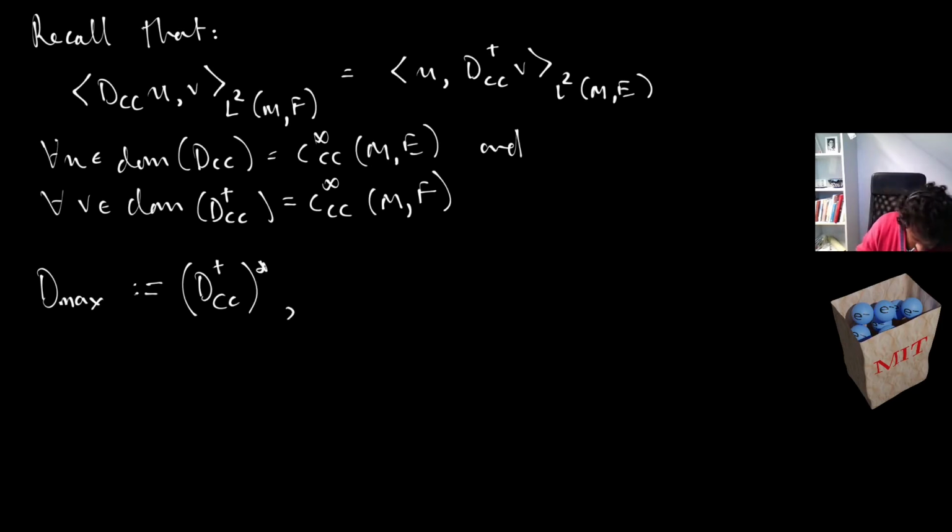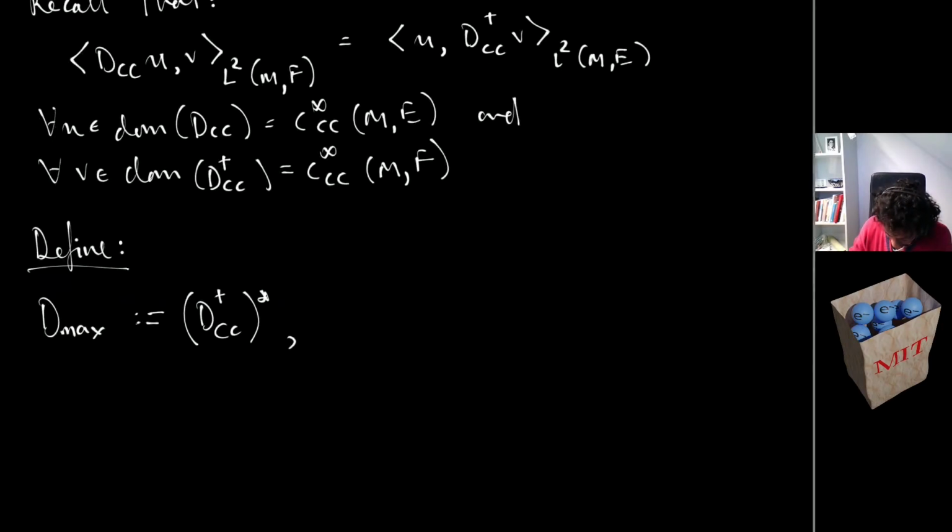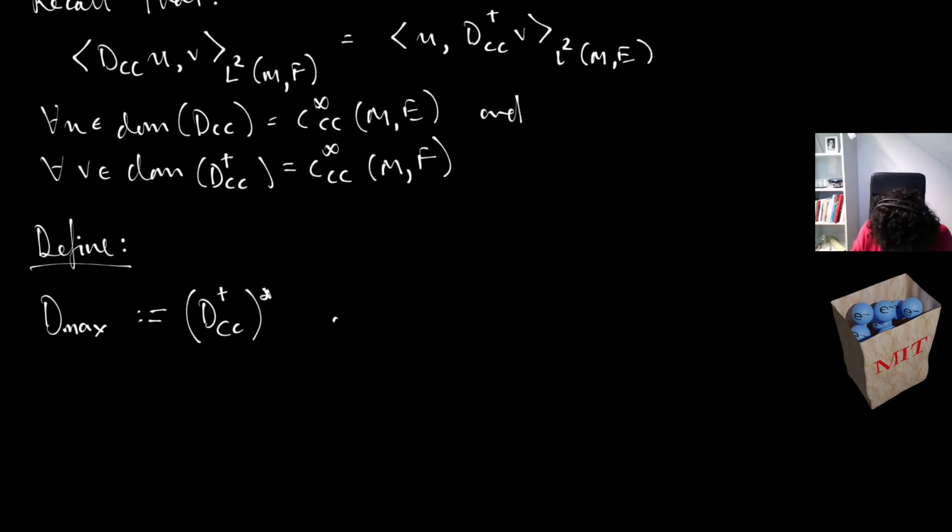So this is really a definition now. Define d_max dagger is equal to d_cc, L2 adjoint. So this is the definition we make.